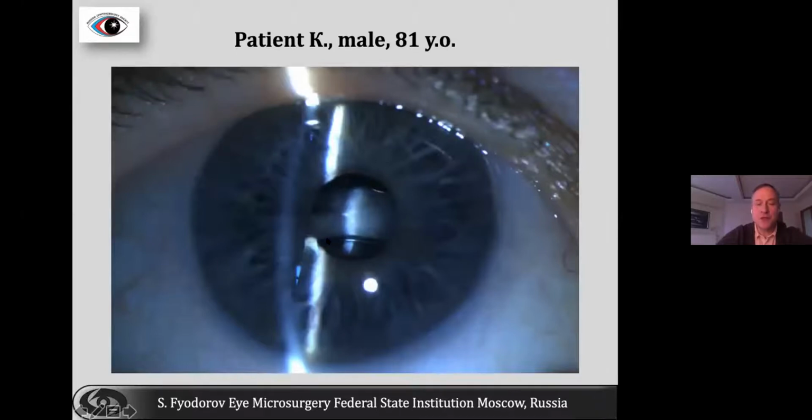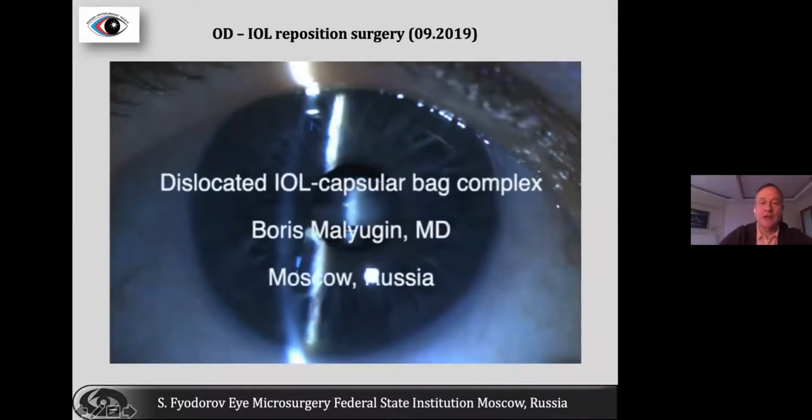So what we see here, this is the edge of the IOL optic. This is the capsular tension ring. That is a proliferation of the epithelial cells, lens epithelial cells on the equator of the capsular bag.